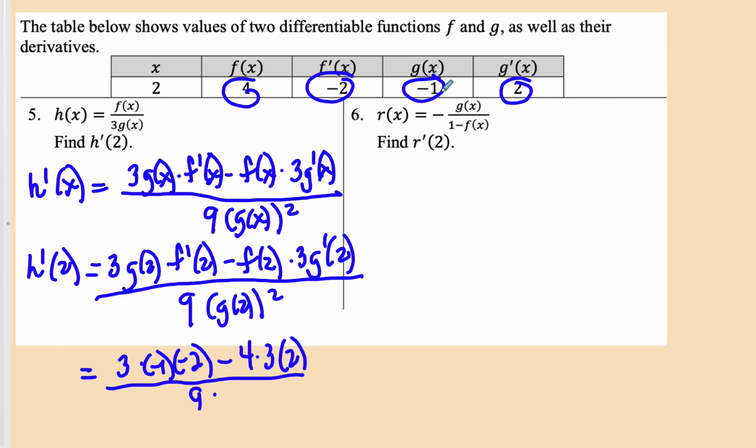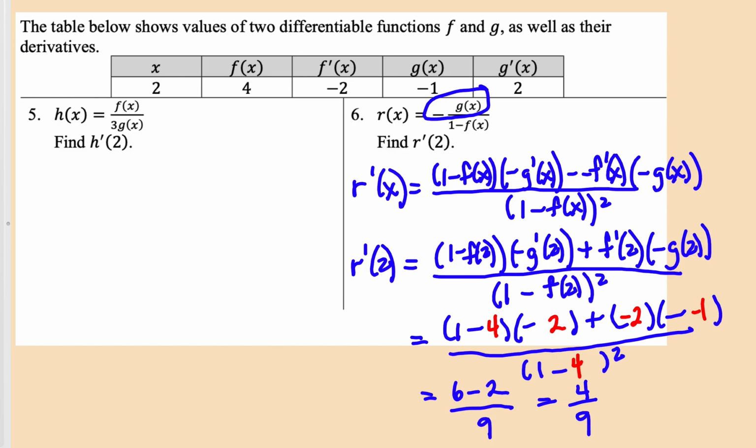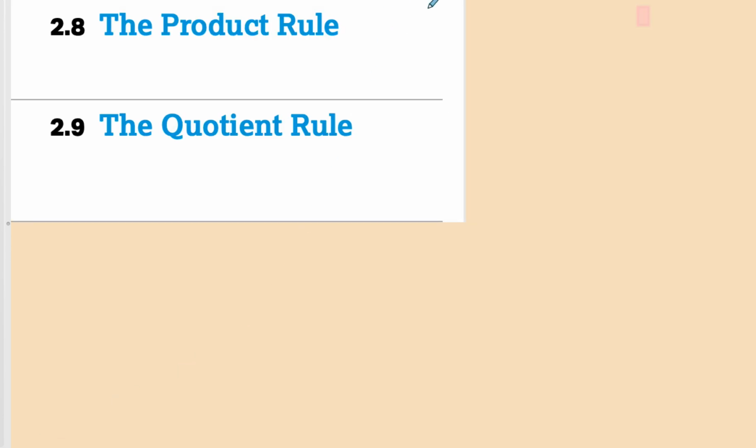G of 2 is right here, and I'll just square it, and that'll be a 1. So this is going to be 6, take away 24 all over 9, and that's going to be -18 over 9, which is -2. Stop the screencast and see if you can do the second one on your own. And here's the answer. And this is the end of the screencast.